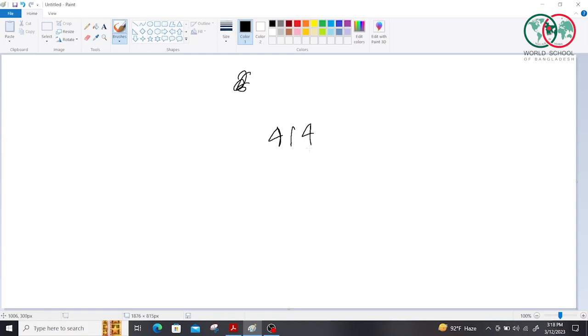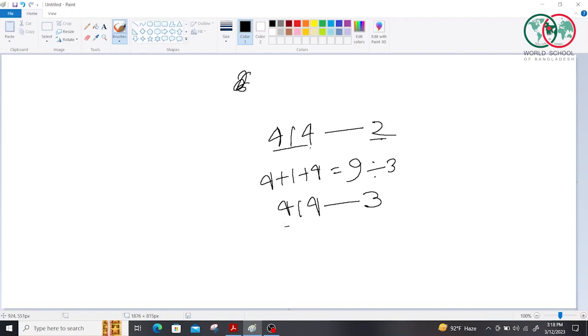Yeah, obviously, because the last digit is divisible by 2. 4 is divisible by 2, so it is divisible by 2. Is 414 divisible by 3? Let's see. 4 plus 1 plus 4, we get 9. 9 is divisible by 3, so that means 414 is divisible by 3. That means as it is divisible by 2 and also divisible by 3, it is divisible by 6.